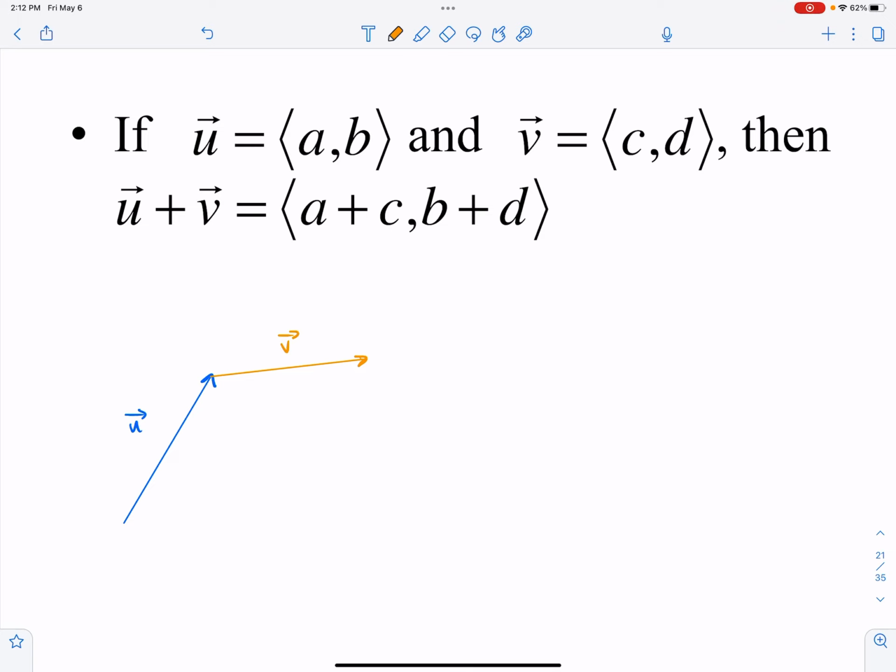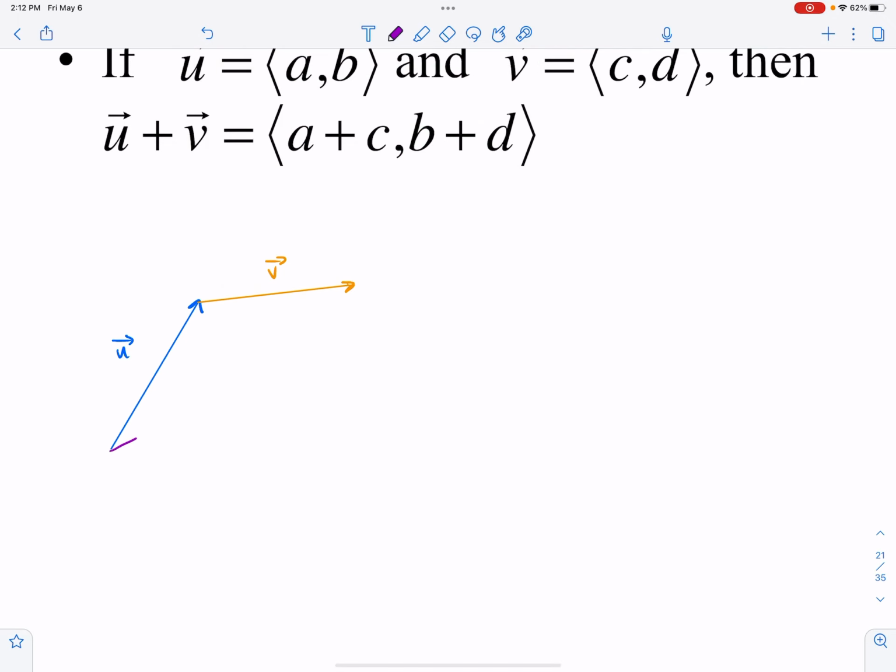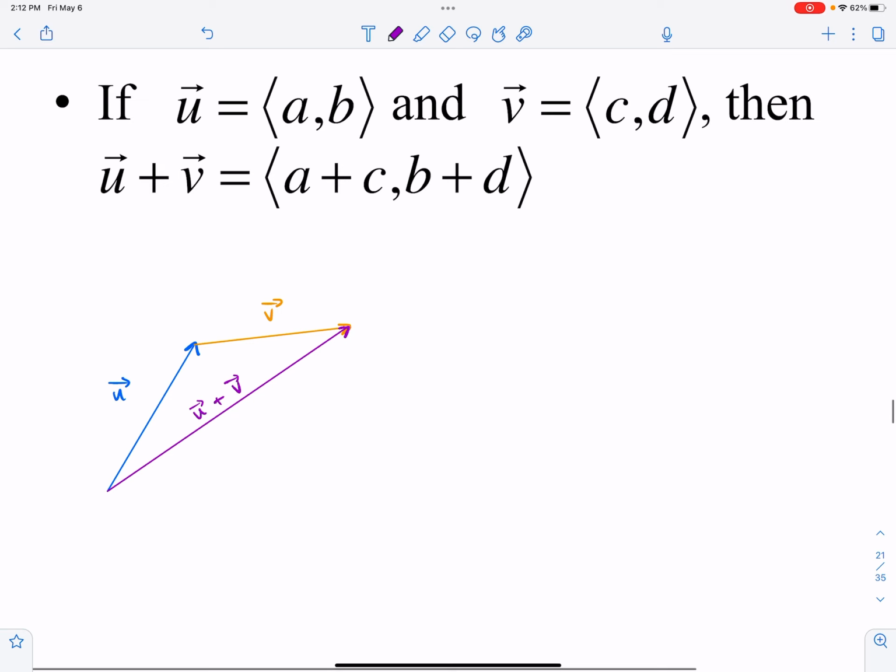And then the resultant vector, you guys know geometrically, would be this. This would be the vector u plus vector v, and it would have a plus c as a horizontal component and b plus d as a vertical component.